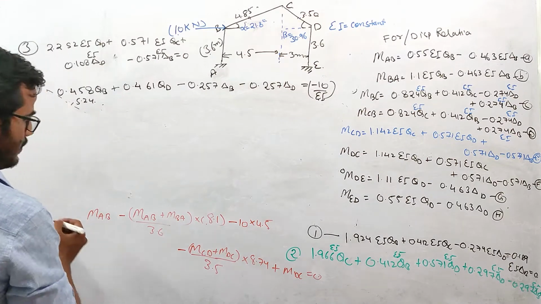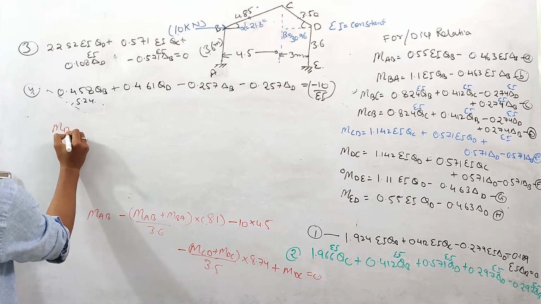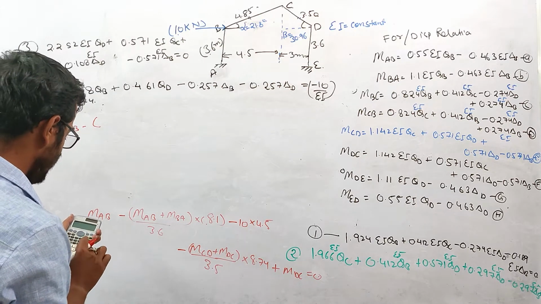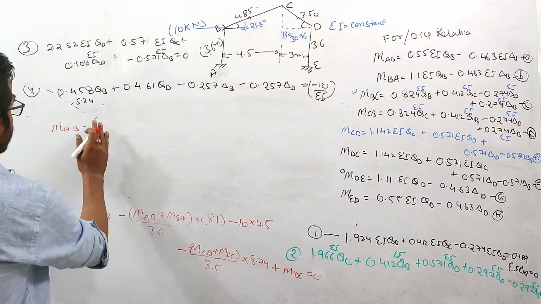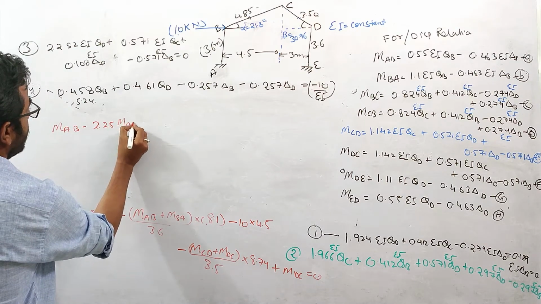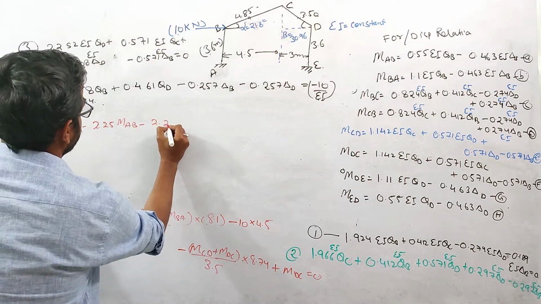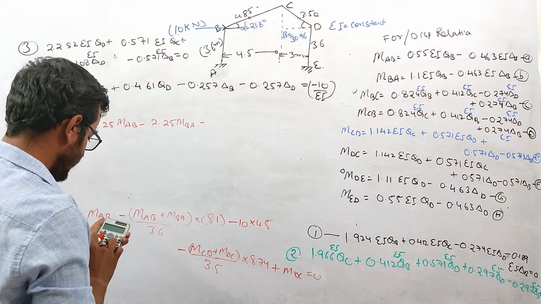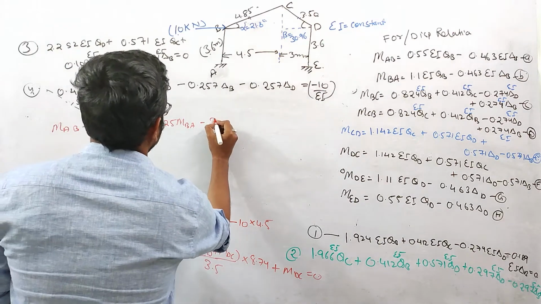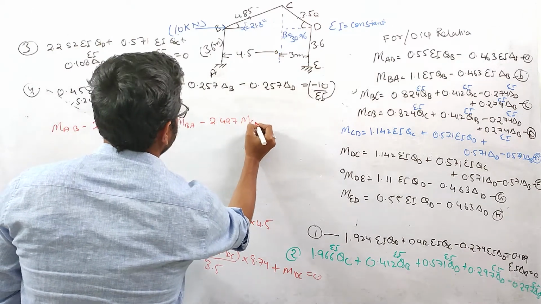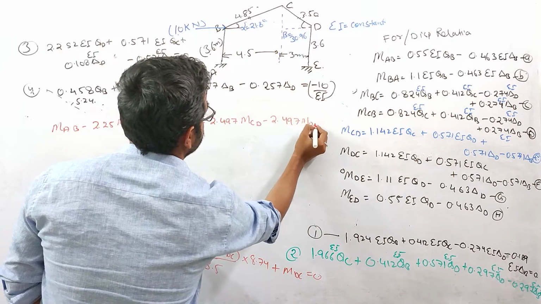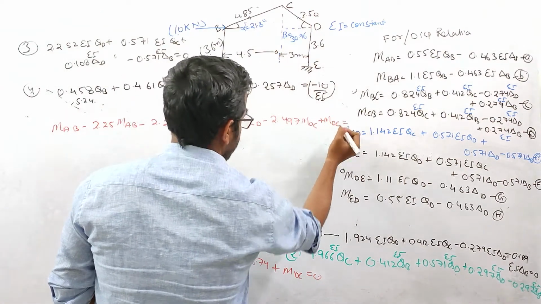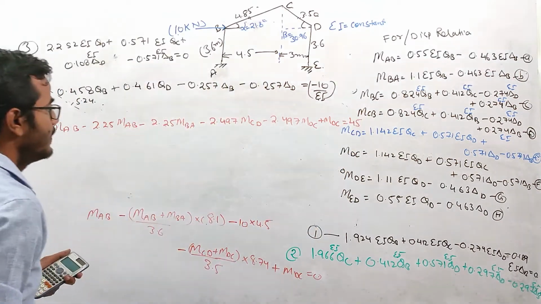So guys, the final equation will look like this: MAB minus 3.1 divided by 3.6. This is minus 2.25 MBA, right? This is minus 8.74 divided by 3.5. This is 2.497 MCD minus 2.497 MDC plus MDC equals 45, right?